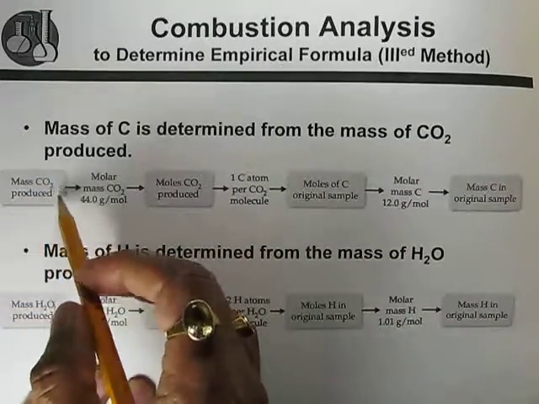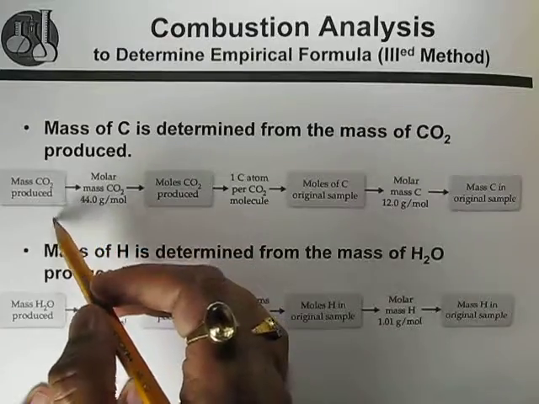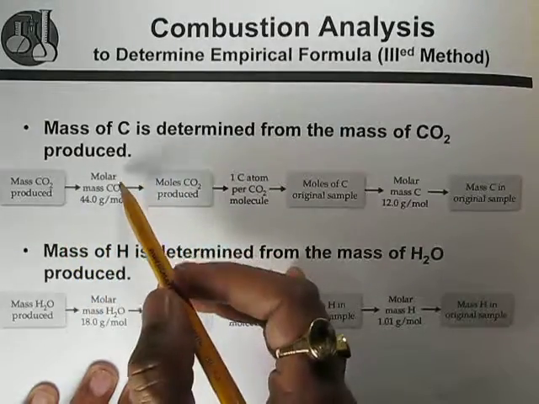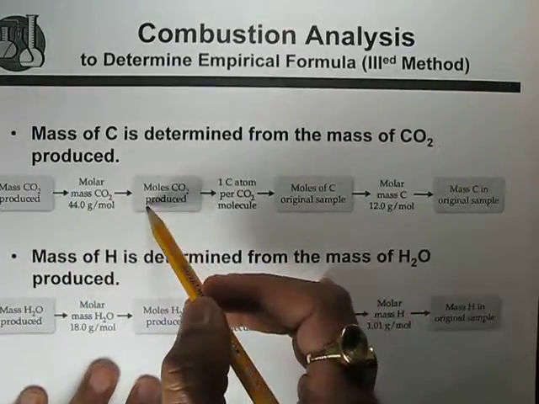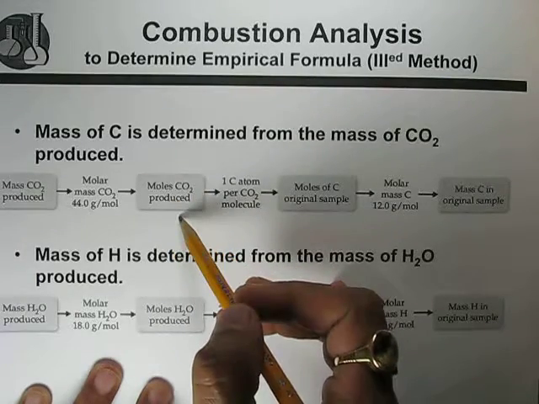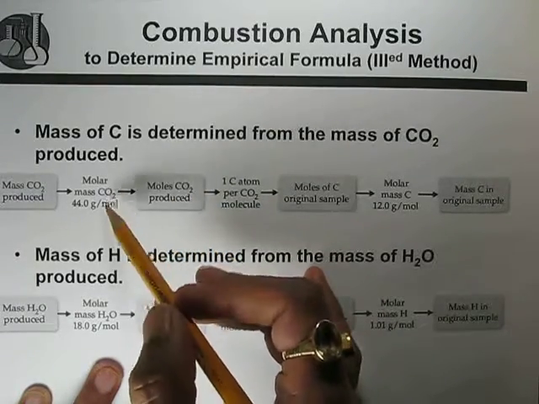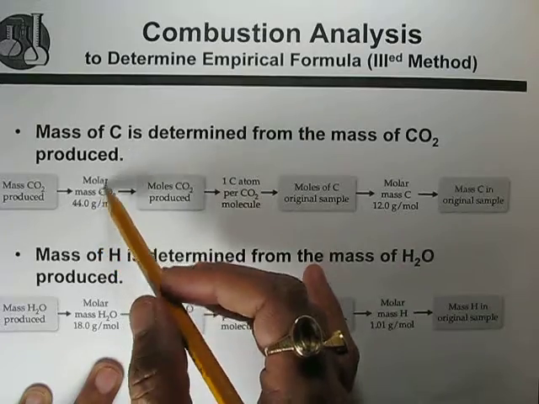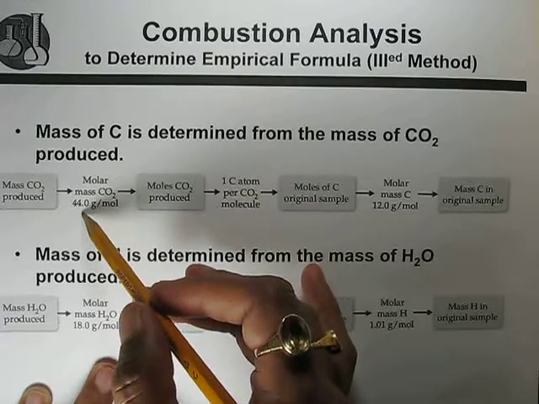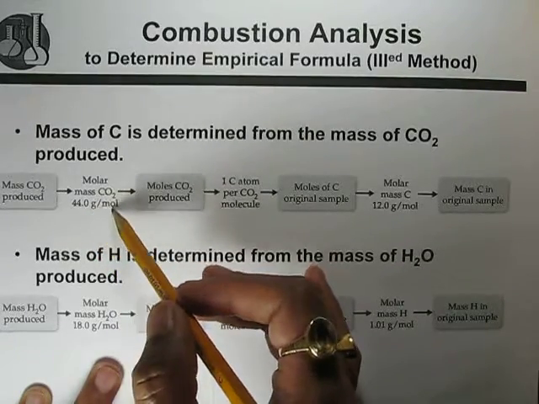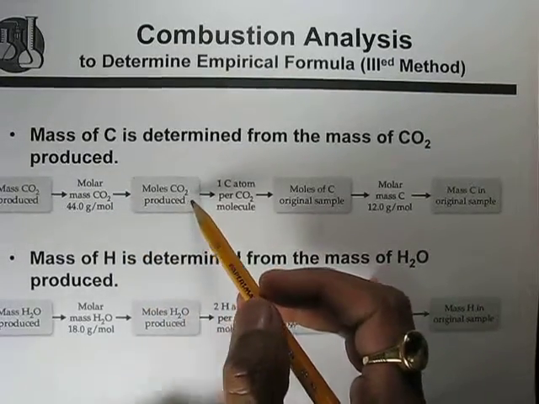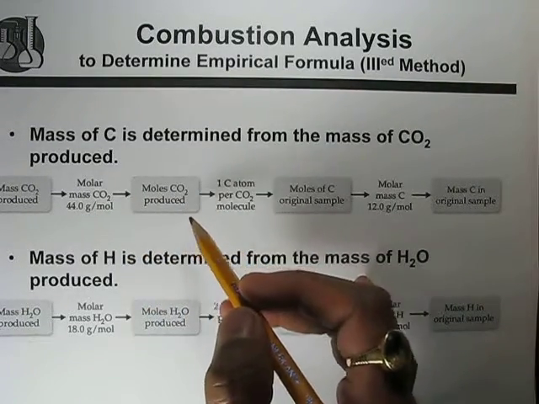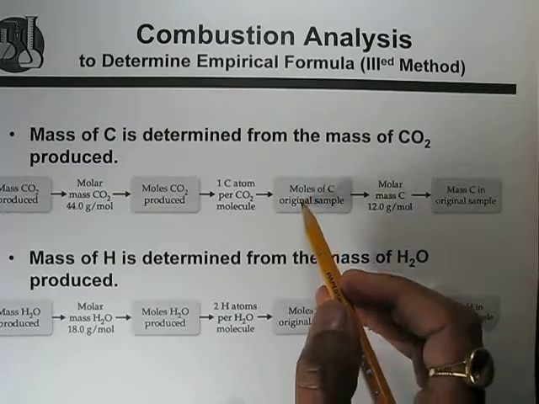The mass of carbon dioxide produced, from the combustion analysis, is converted into moles of carbon dioxide using the conversion factor, the molar mass of CO2, which is 44.0 gram per mole.